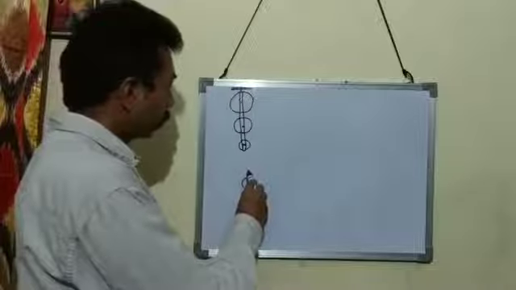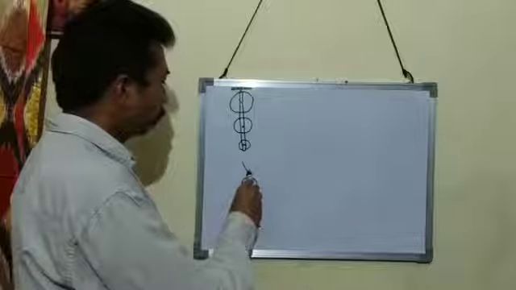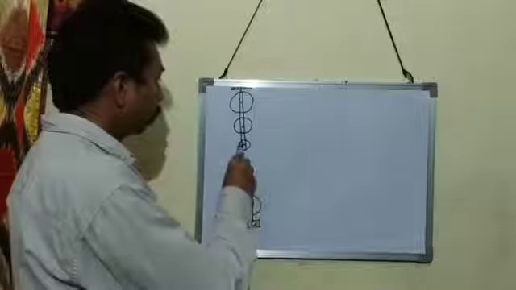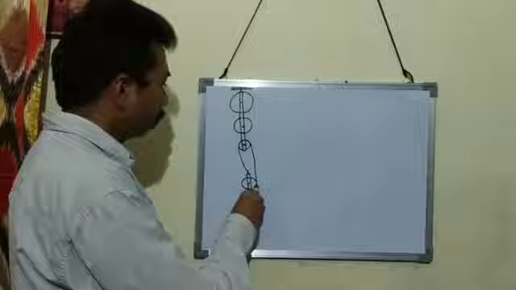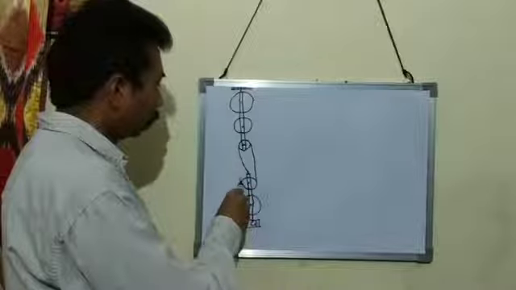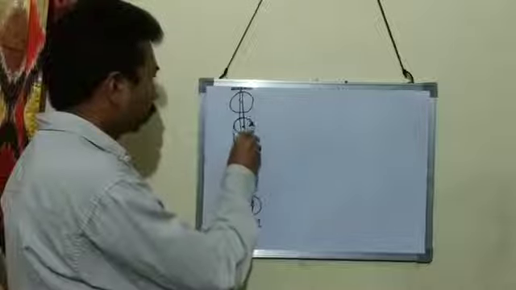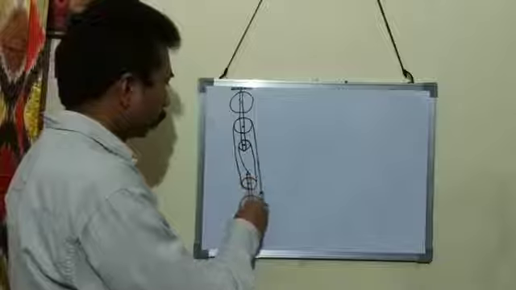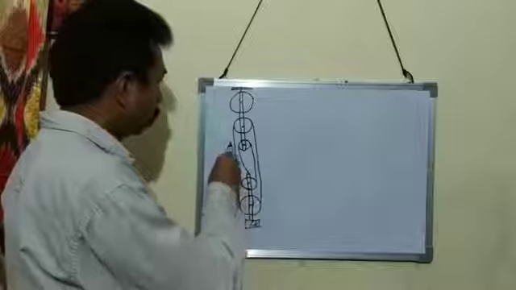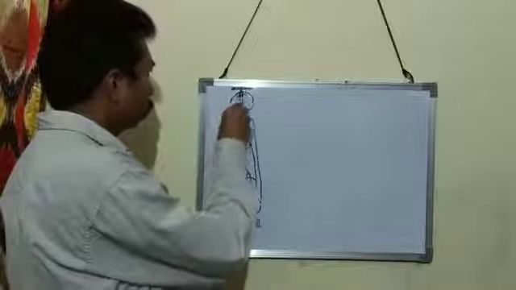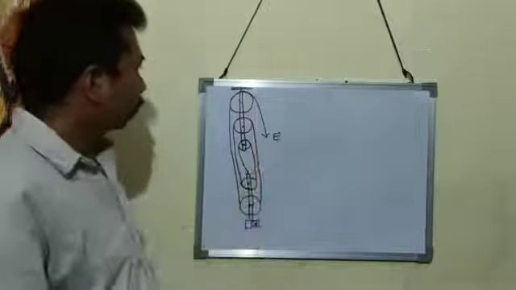Starting from the hook of this one, the string will come to this pulley, then go through the groove of this one, then come to the next pulley, pass through its groove, and go to the next one. Then here we apply the effort. Effort is applied in a downward direction.